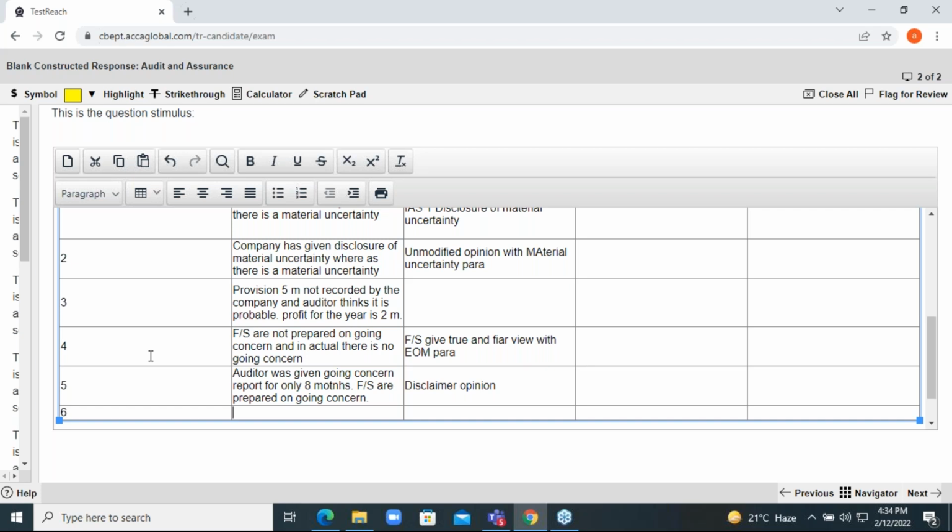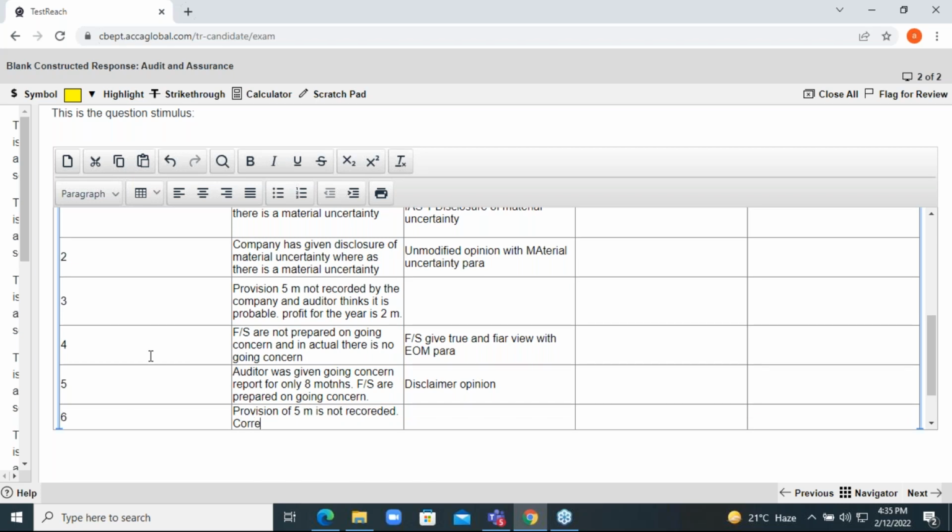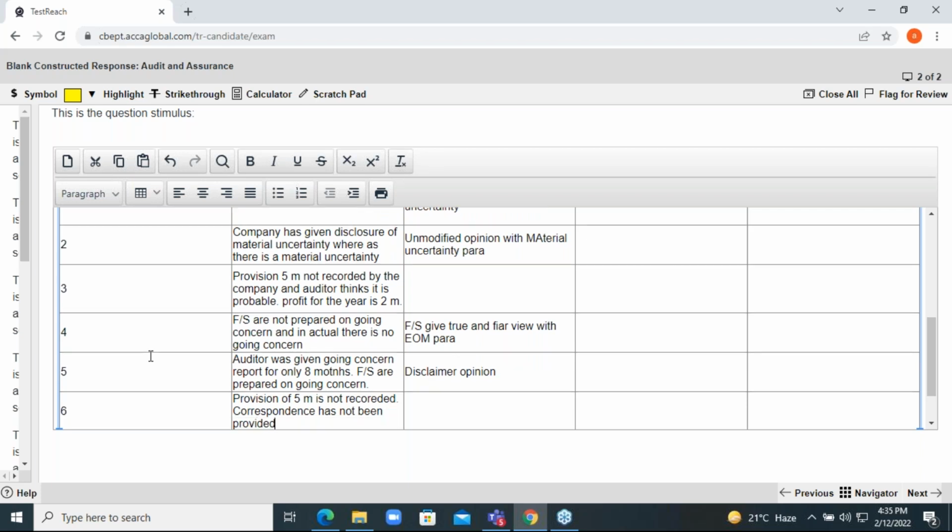So, another point. A provision of 5 million is not recorded. Correspondence has not been provided.